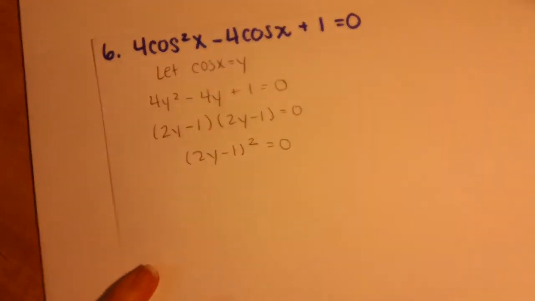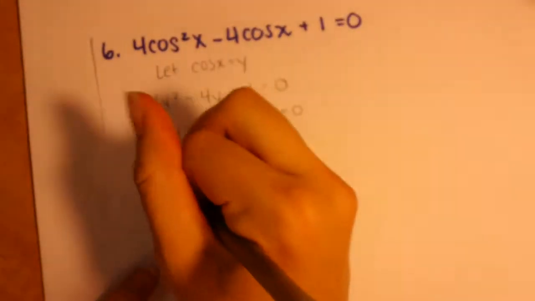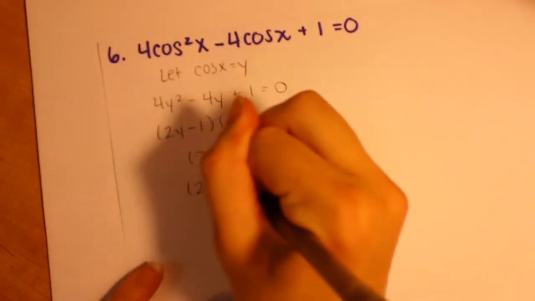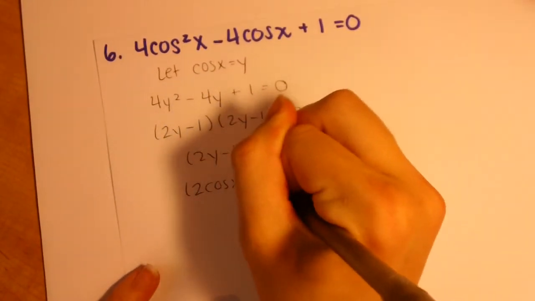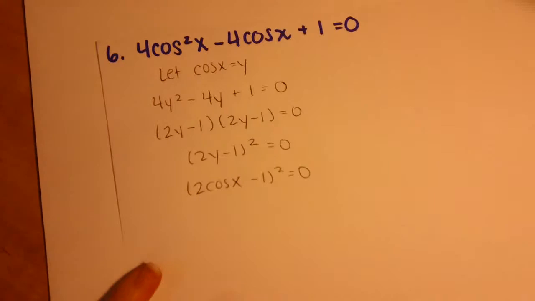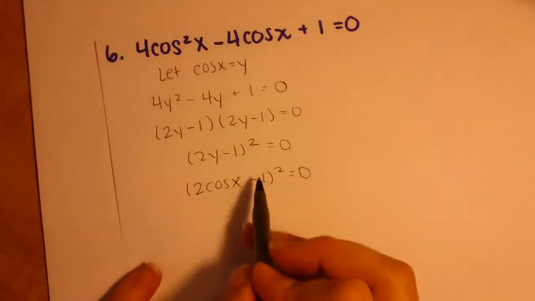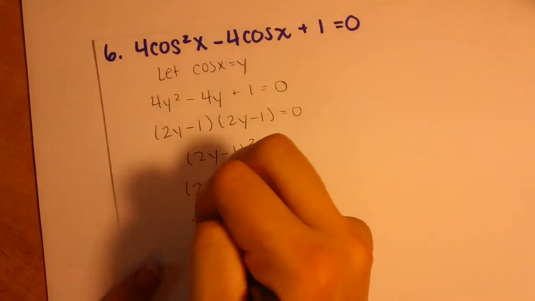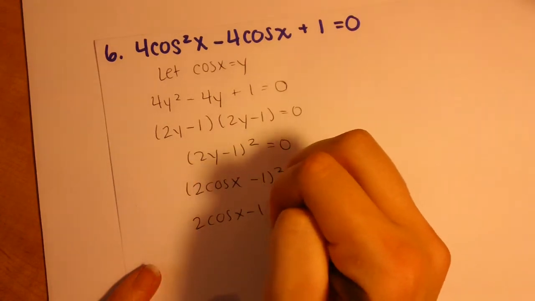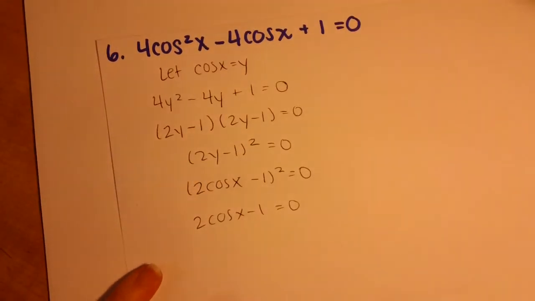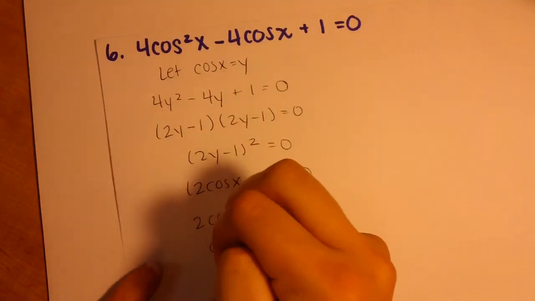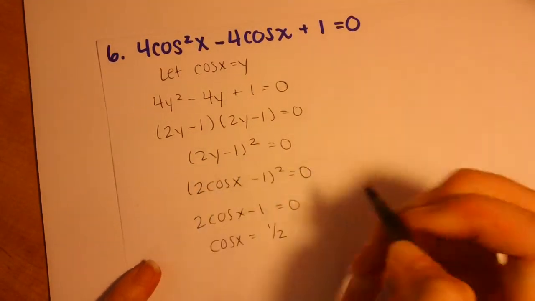And we can substitute our cosine back in. So we have 2 cosine x minus 1 squared equals 0. So we know that from here that 2 cosine x minus 1 must equal 0. Then from here, solve for cosine of x equals 1/2.